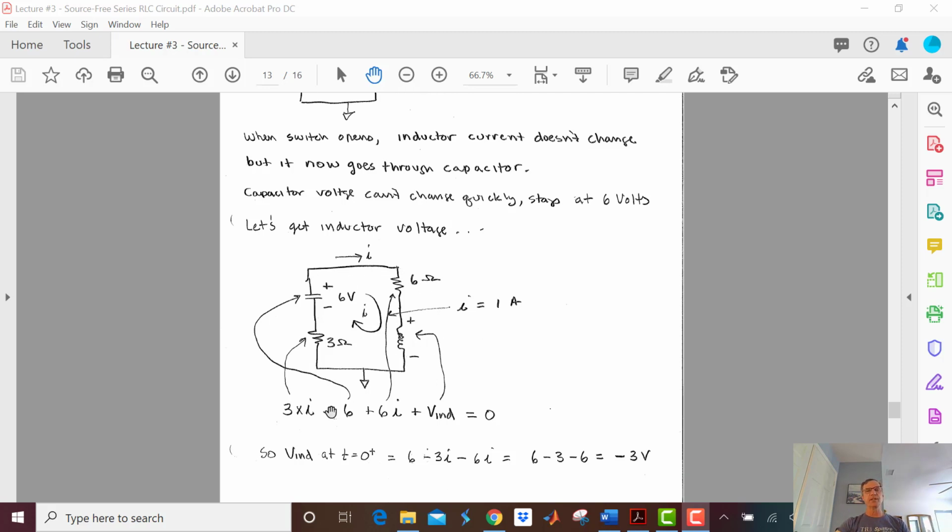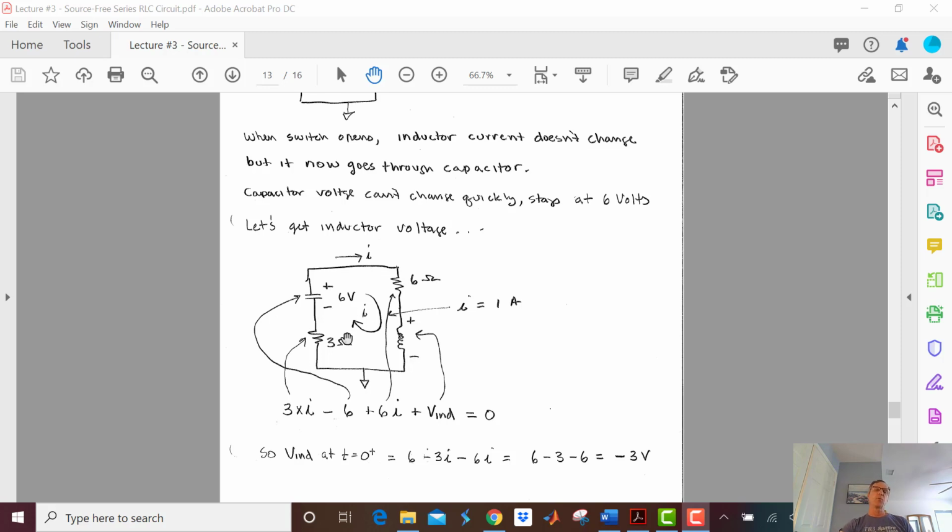So here's our circuit at t equals 0 plus. And I know this, I've got one mesh current going on. So here we go. Let's write our equation. 3 times I minus 6, because this looks like a voltage source because it's 6 volts, plus 6 times I plus whatever the inductor voltage is equals 0.